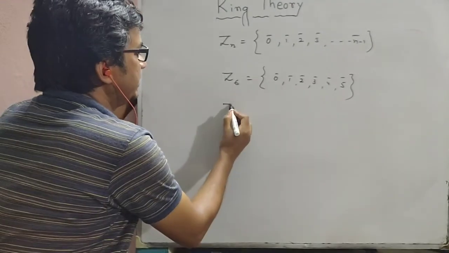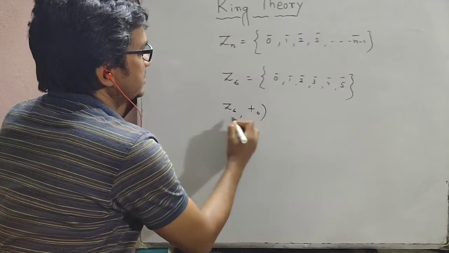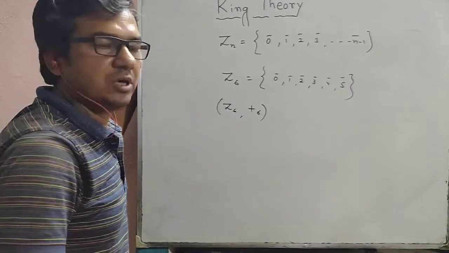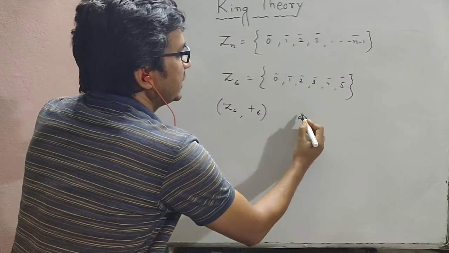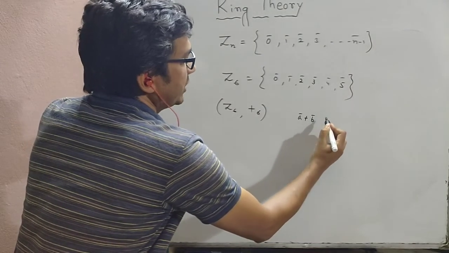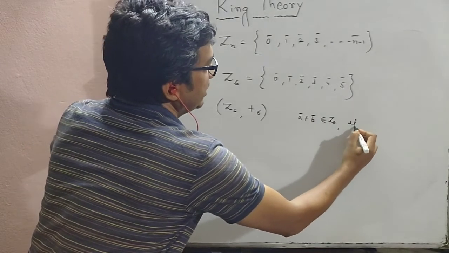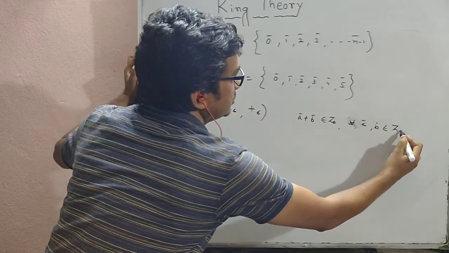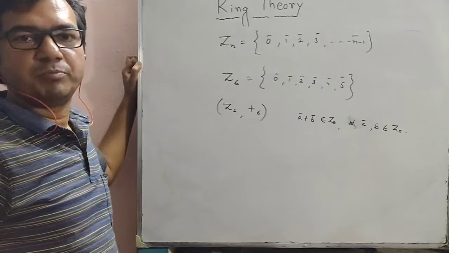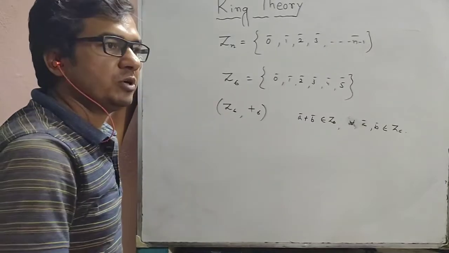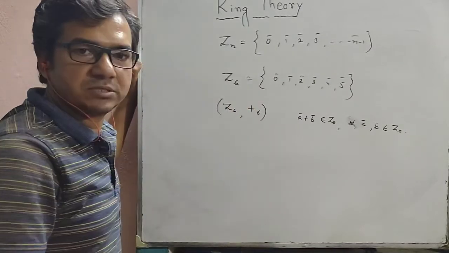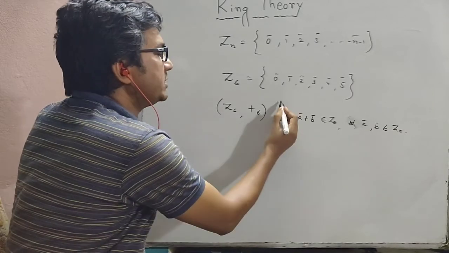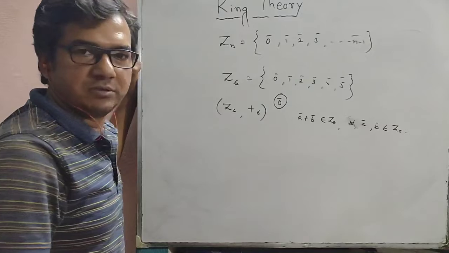Here Z6 with plus 6, addition modulo 6, is a commutative group, because A bar plus B bar belongs to Z6 for all A bar, B bar belonging to Z6, and all 5 properties of a commutative group hold for Z6 with plus 6. Also, obviously 0 bar is the zero element.